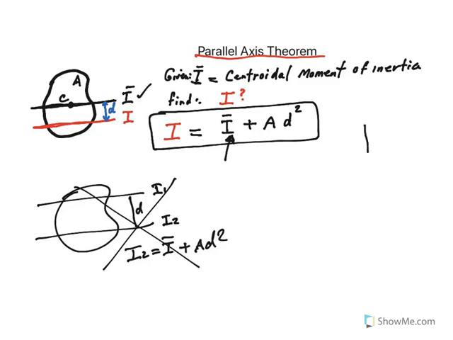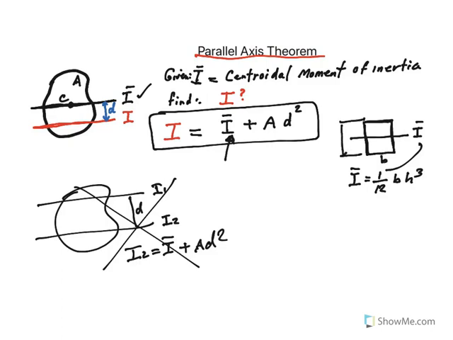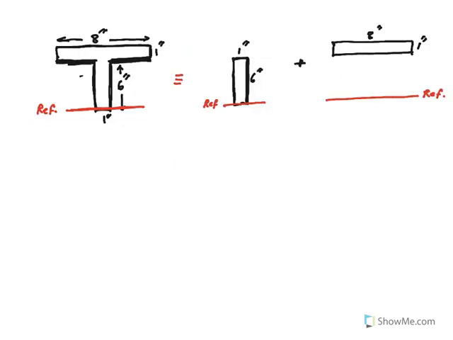And typically, if you have a rectangular cross-section, that I bar is, as you've seen in the other videos or from tables, 1/12 bh³, where b is the width and h is the depth. And this is what we're going to use on the next page and apply to our unsymmetric cross-section. So let me move to the next page.